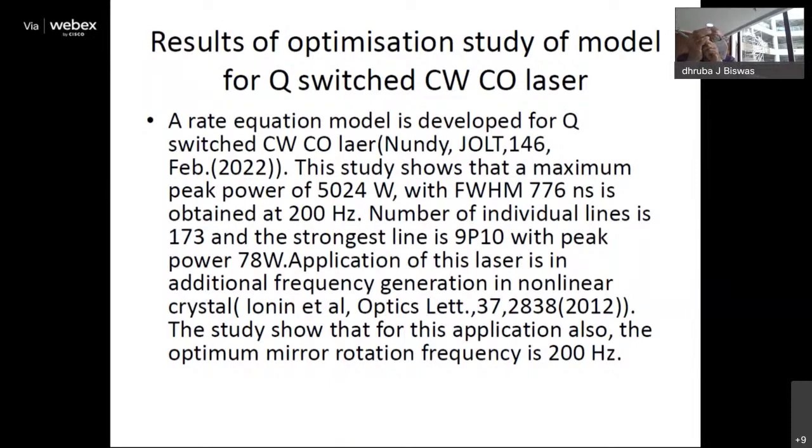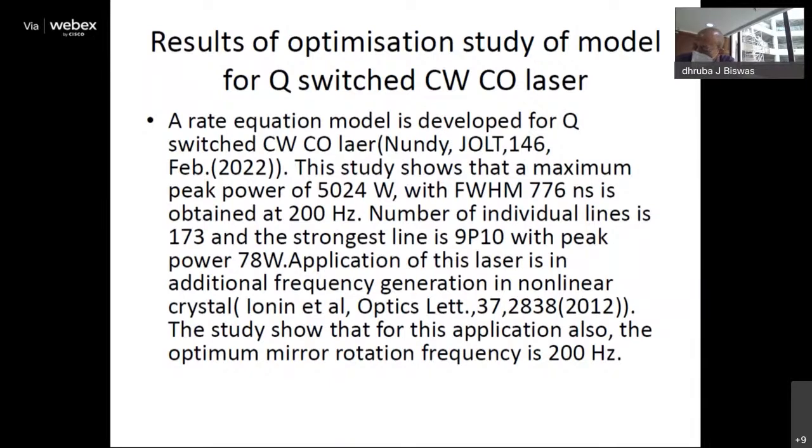Suppose 100 lines are lasing from 5 micron to 6.4 micron. It can produce sum frequency generation from 2 micron to 3.2 micron. And if 100 lines operate 2 by 2, then 5,000 new lines are generated. Many people are working on this application.